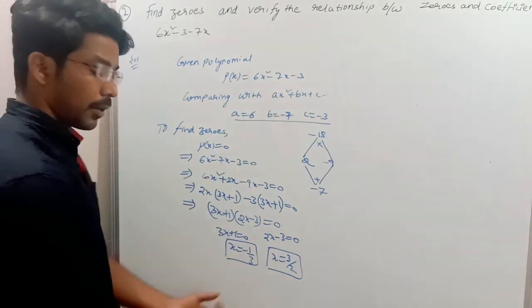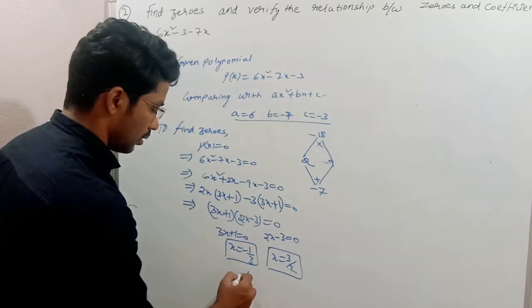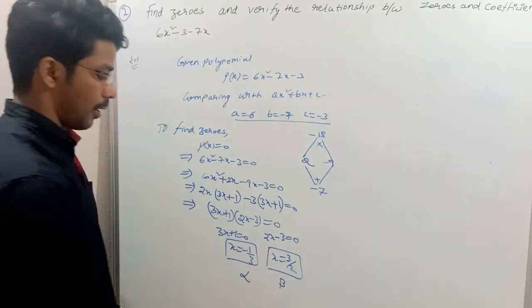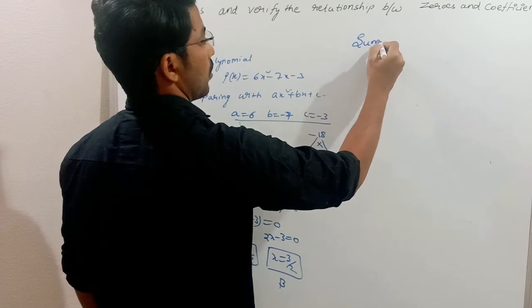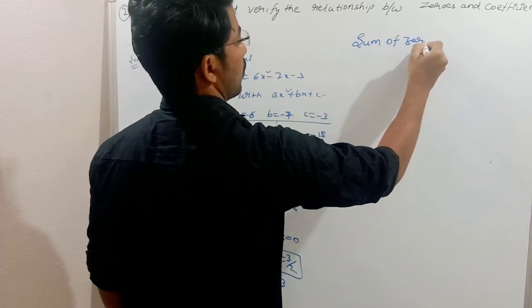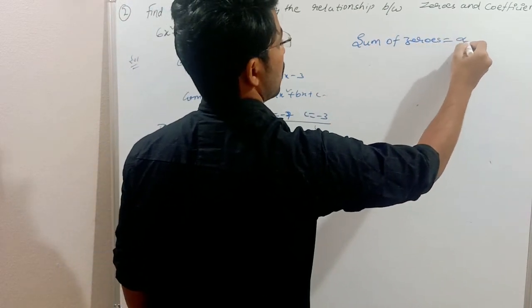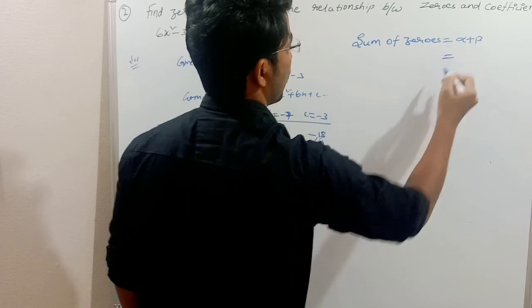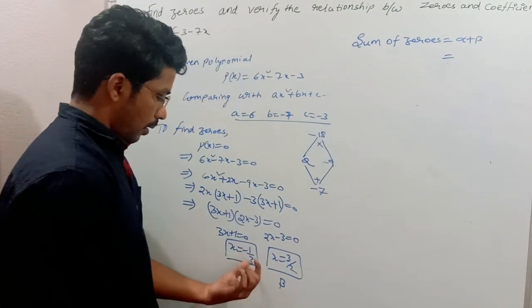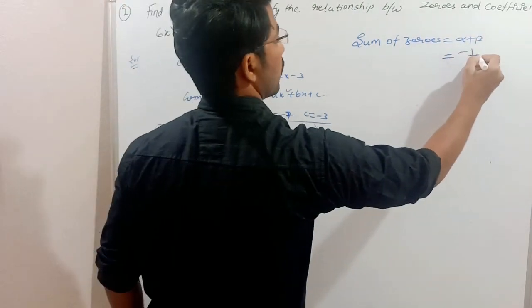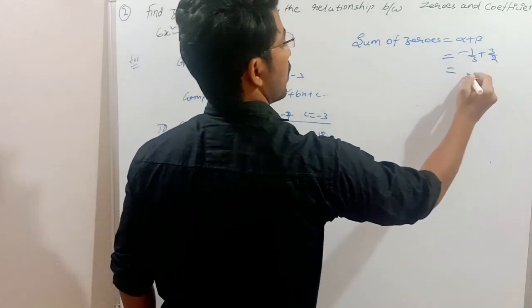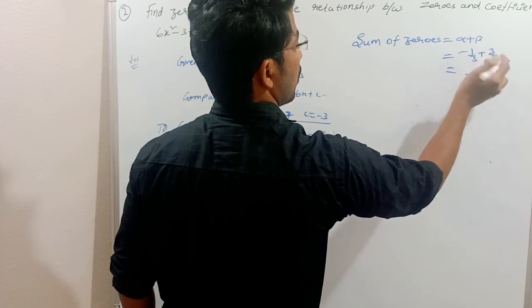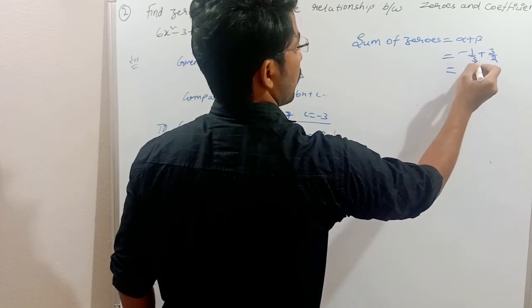So now if we consider these two zeros as alpha and beta, find the sum of zeros. Sum of zeros is equal to alpha plus beta. So alpha plus beta is minus 1 by 3 plus 3 by 2. If we take the LCM, we get 6. Here it is 3.